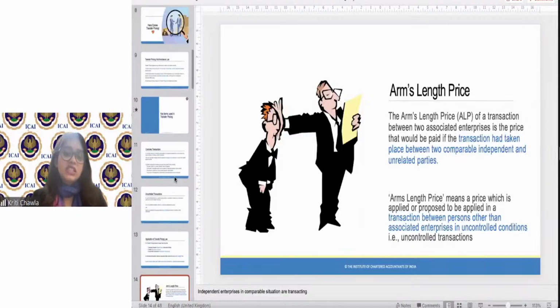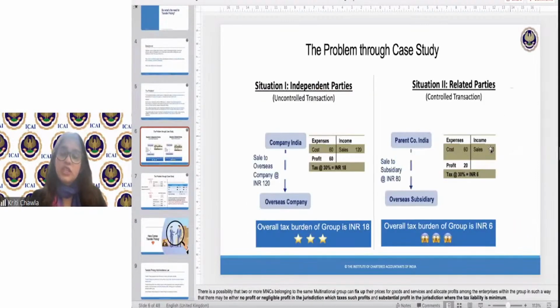So coming back to this situation, if transfer pricing laws are activated, which are activated in situation 2, which is a related party transaction, then they say that you shouldn't have transacted at 80 rupees. You should have transacted at the arm's length price. They say look at a situation in which independent entities are transacting, and that is the price at which you should have also transacted.